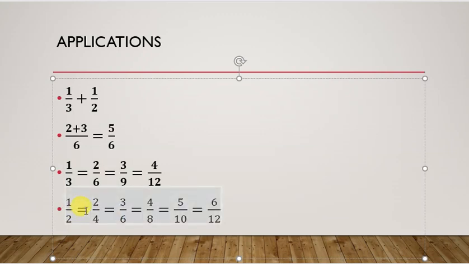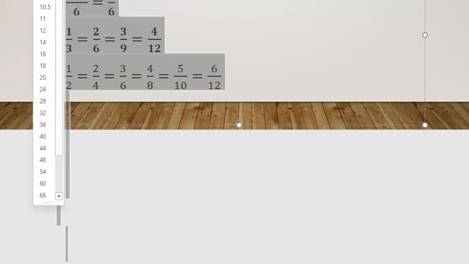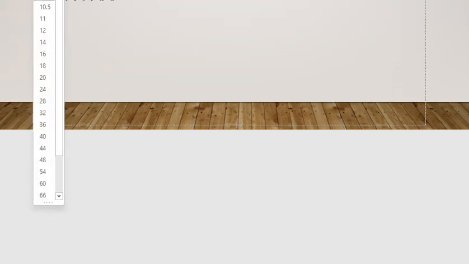The next procedure we go by is to look for the fractions which are actually the same or like. In that manner, we shall select the ones with the same base.